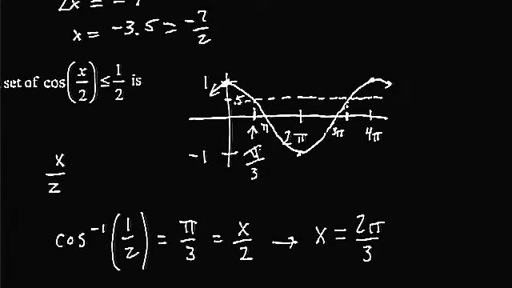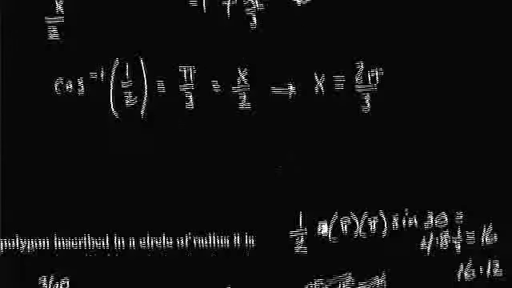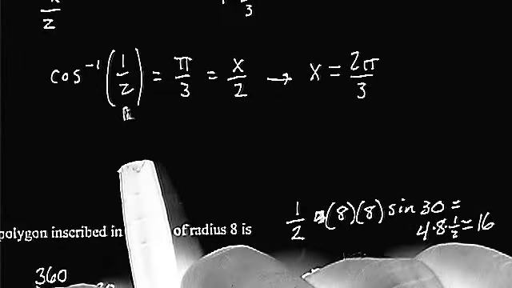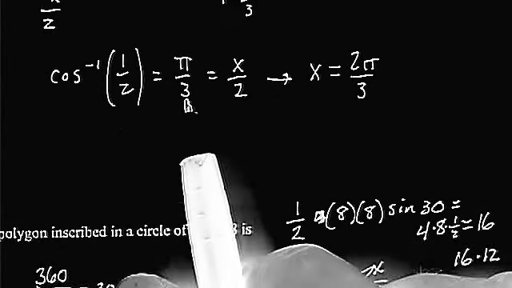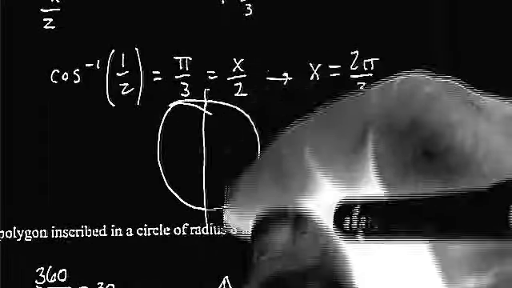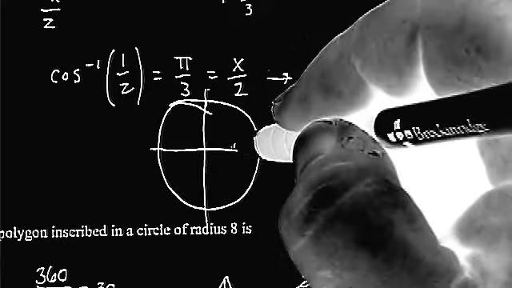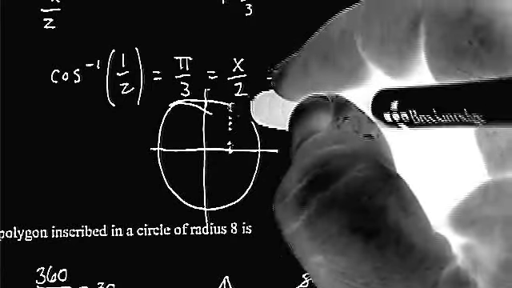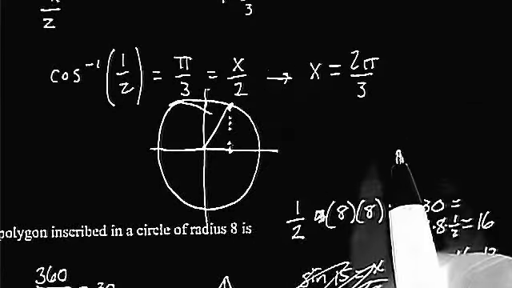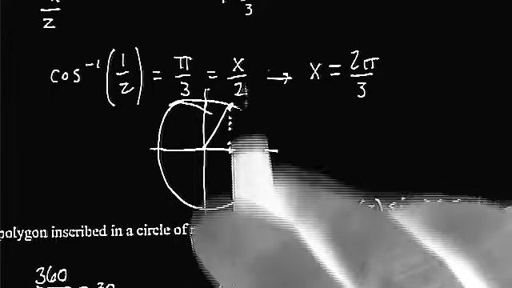Oh yeah, this is the one that I had to think a little bit more about. First thing I did was I inverted the cosine of 1/2, and I ended up with pi over 3 based upon what we know about the unit circle. When cosine is 1/2, we're talking about an angle measurement of pi over 3. And that's equal to x over 2.